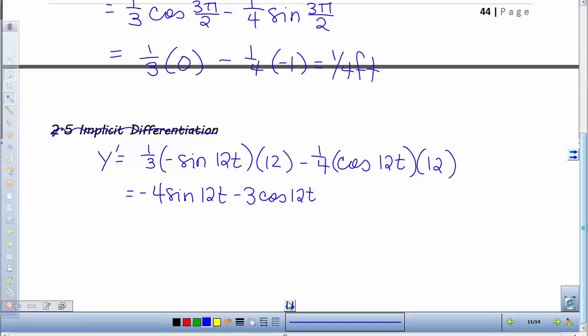When we evaluate this at t equals pi over 8, we get minus 4 sine of 12 times pi over 8 minus 3 cosine of 12 times pi over 8.